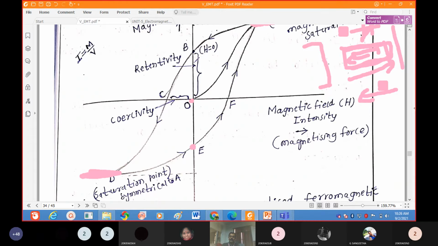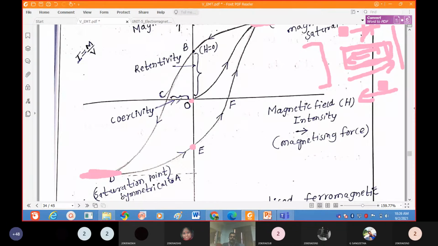Now apply the H value in the opposite direction. The B value will decrease in the direction of B to C. At a particular H value, this B will become 0. The induced magnetic field inside the magnet will become 0.